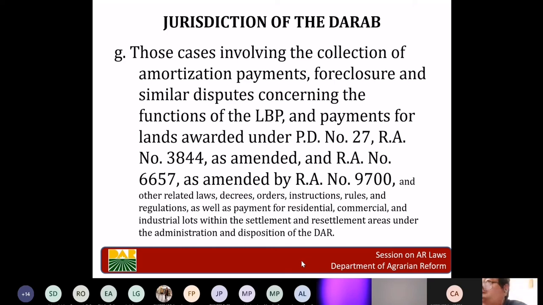But there are those who believe that it includes even the interest on loans given to the ARBs. The PRFC, the Policy Review and Formulation Committee of the Department of Agrarian Reform, is now drafting our IRR on the implementation of paragraph 4M of Bayanihan Act 2.